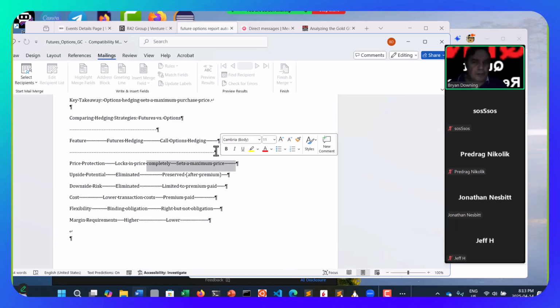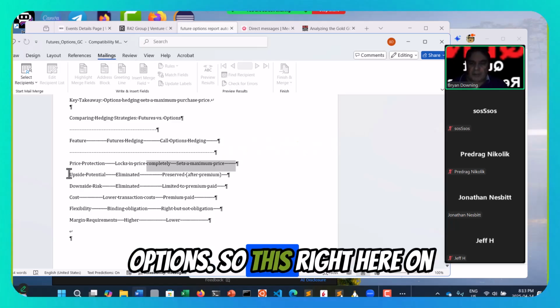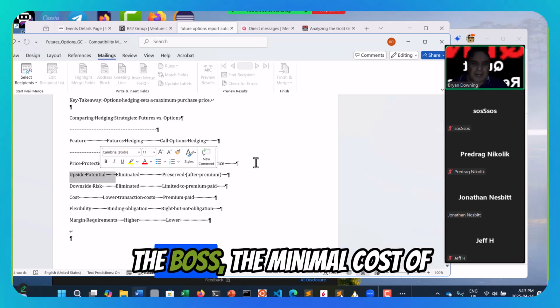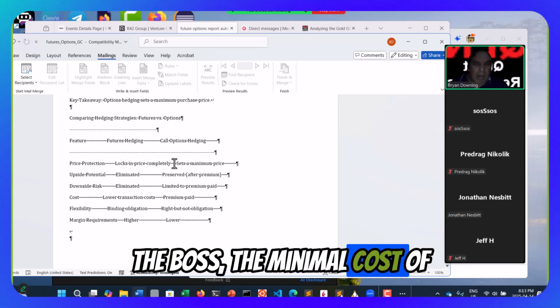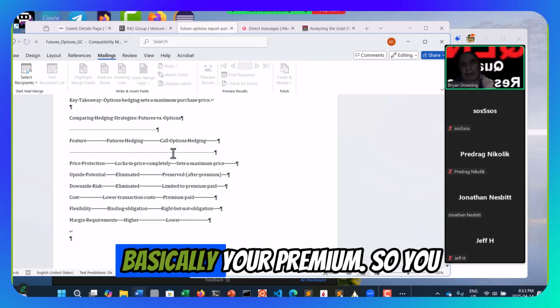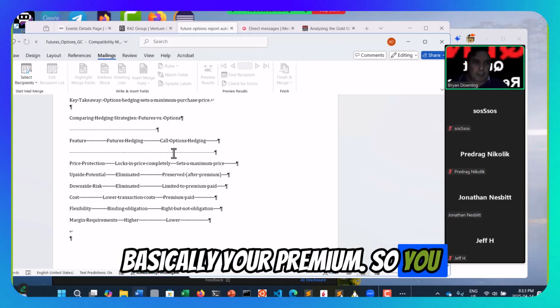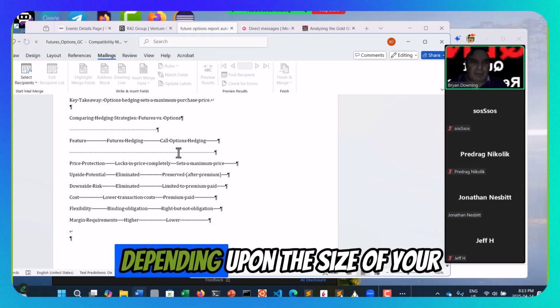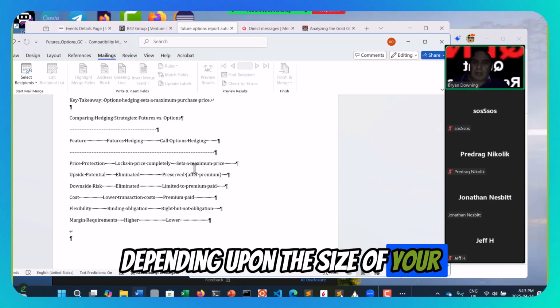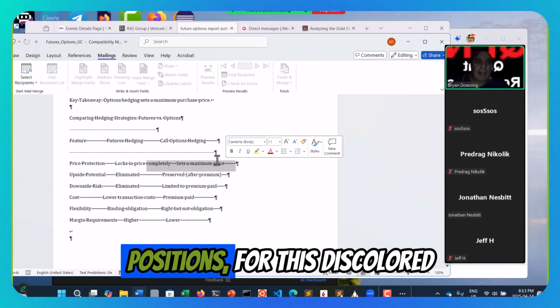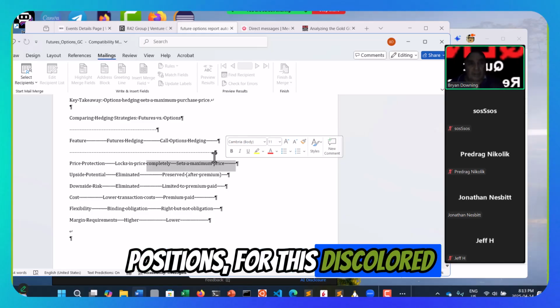The minimal cost of putting on an option is basically your premium. So you pay a couple thousand, depending upon the size of your positions for this. Just call it strategy.